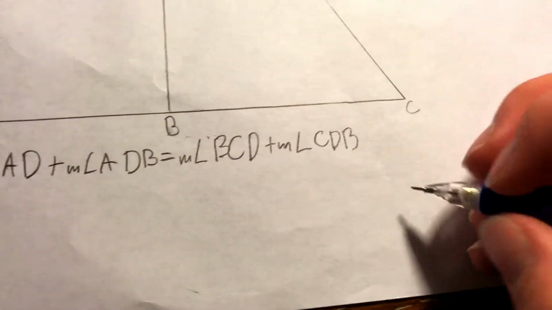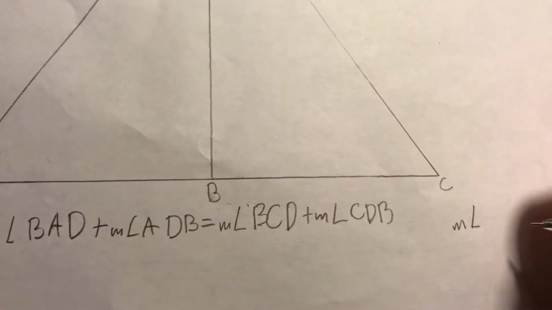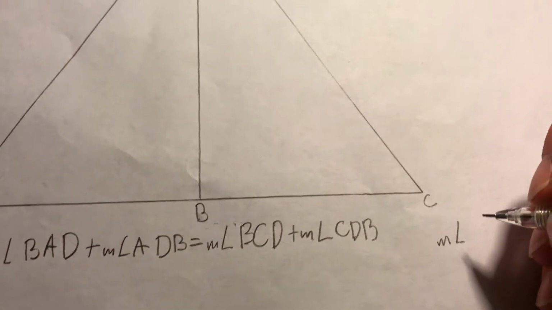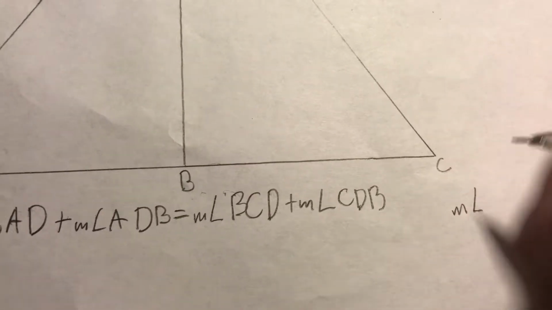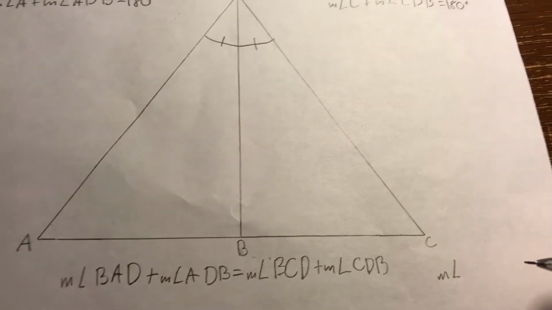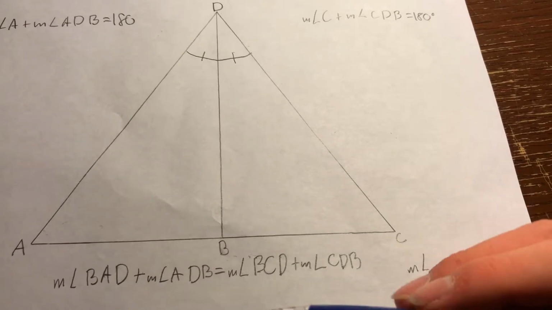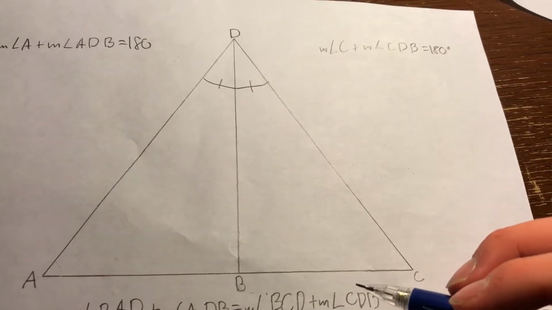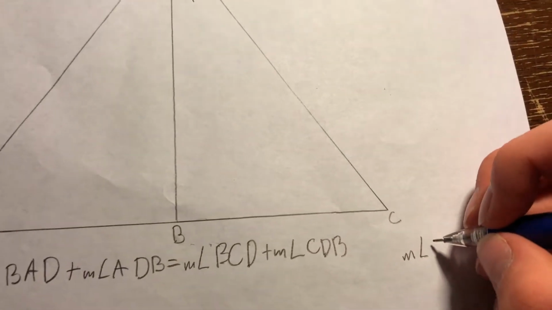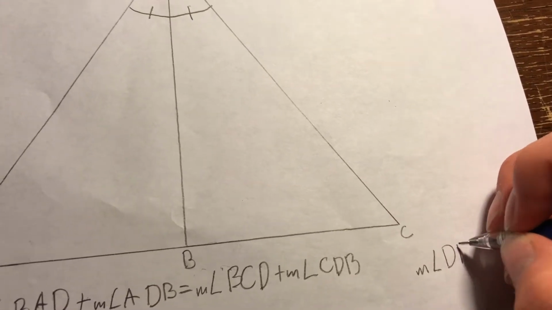So right over here, we can just write something like the measure of angle... Damn it, get out. Anyway, we can write the measure of angle ADB or AD... Damn it.